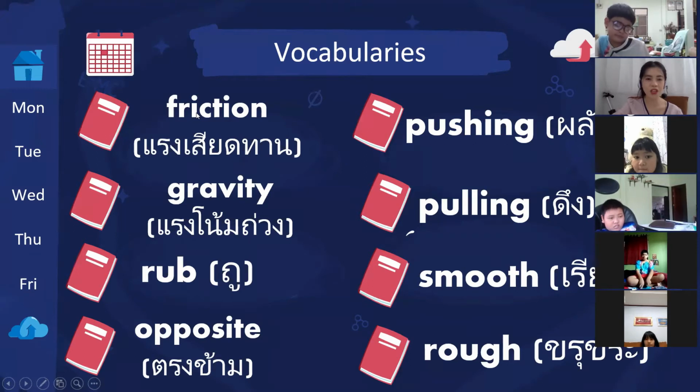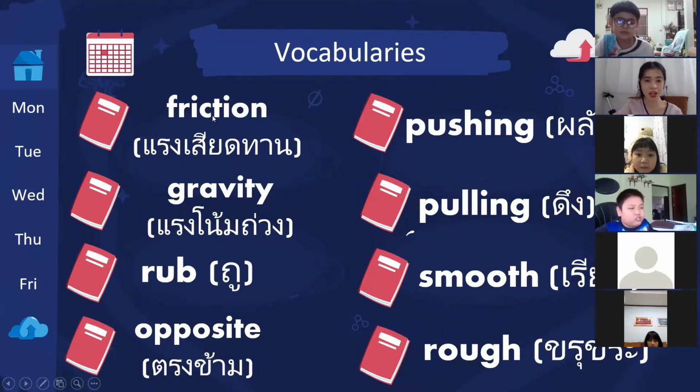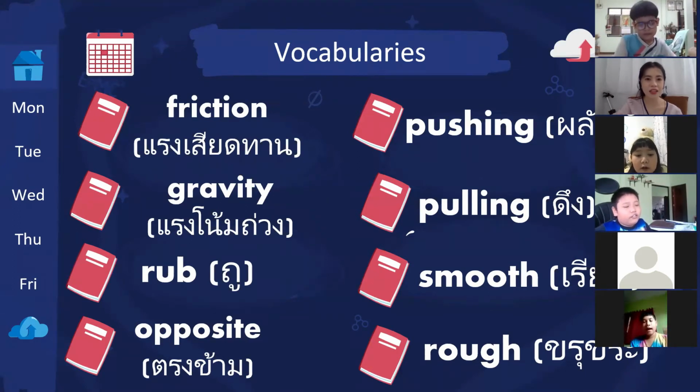Let's start with the word friction. 1, 2, 3, go. Friction. Pasatay. แรงเสียดทาน. Next, gravity. Pasatay. แรงถ่วง. Very good. Rub. ถู.